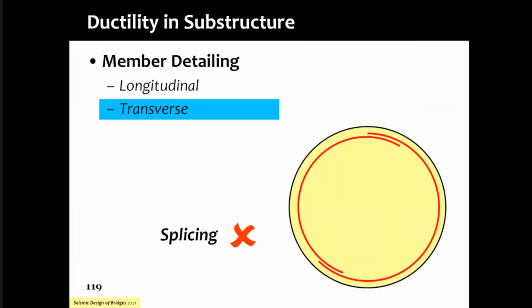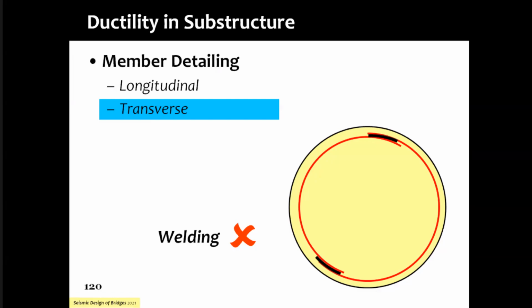Now let's talk about transverse reinforcement. You saw the Hanshin Expressway failure. The Hanshin Expressway failure was having transverse reinforcement like this. And as a consequence, when the shaking happens, compression force comes from the top. The concrete wants to dilate in the horizontal direction and the splicing is not going to stop it. So transverse reinforcement is going to give way.